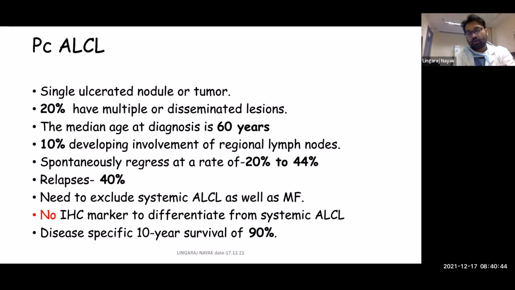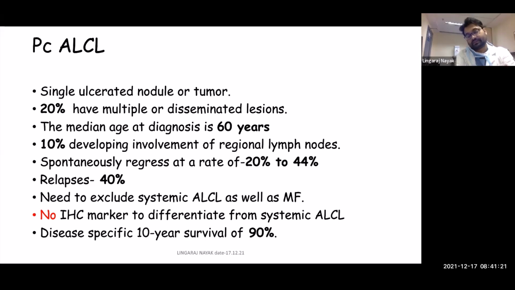And always you have to exclude a systemic ALCL in a patient with skin-limited ALCL, because there is no IHC marker which can differentiate primary cutaneous ALCL from systemic ALCL. As I said, they are ALK negative, so there is no other IHC marker which will differentiate. It is purely a clinical approach. And disease-specific 10-year survival is 90%. That means less is more, I would say, in these patients, where you should avoid multi-agent chemotherapy if possible.